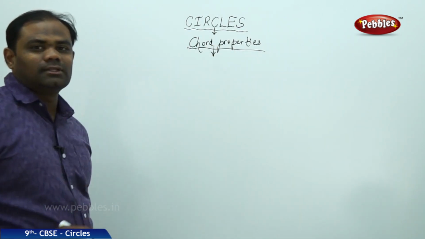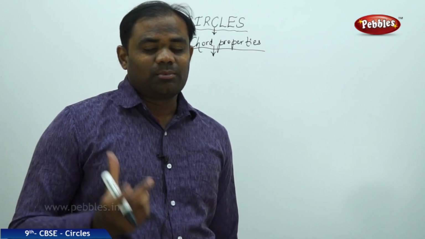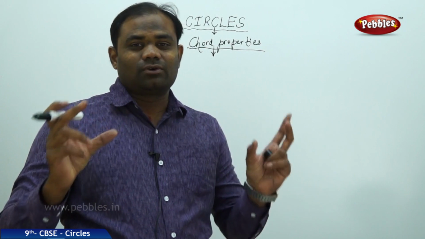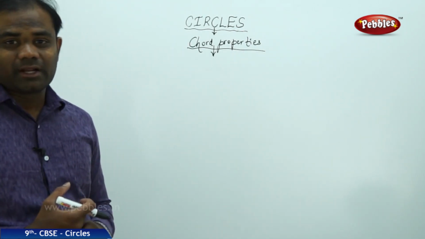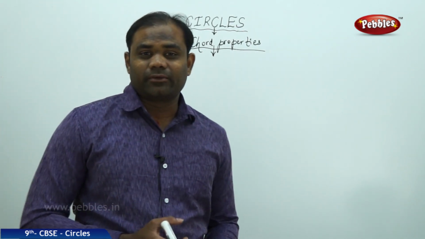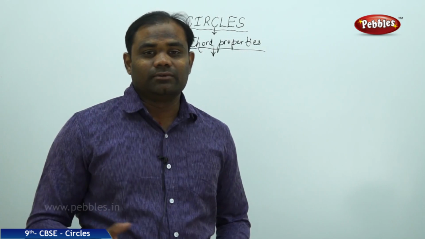So let's see the property which says that if I take two equal chords in a circle, then those equal chords will be at equal distances from the center. So let's make a statement and understand the concept geometrically through a circle and equal chords.